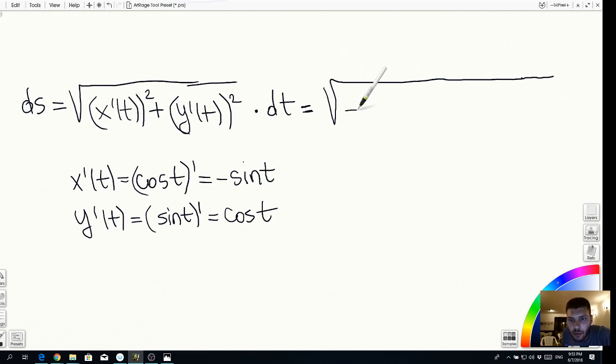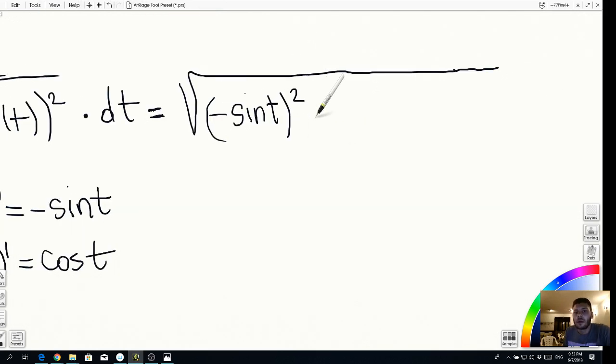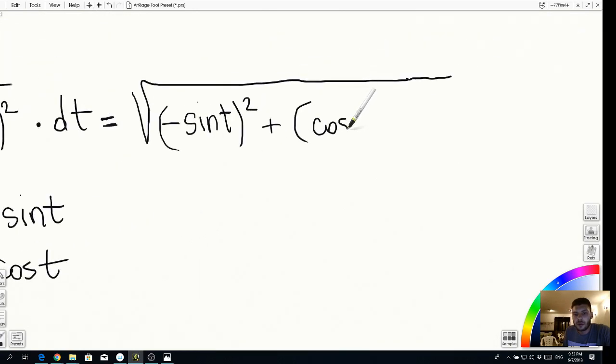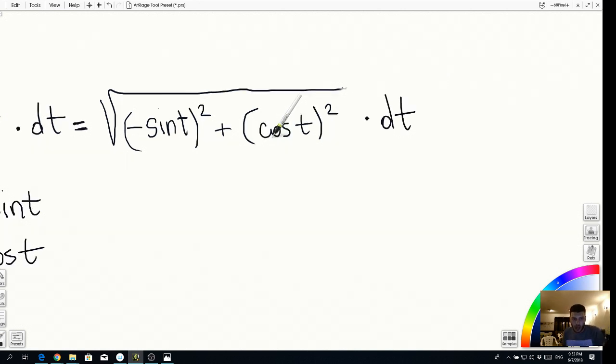Here we have minus sin t squared plus cosine t squared times dt, and we can just ignore this minus here because this expression is squared.